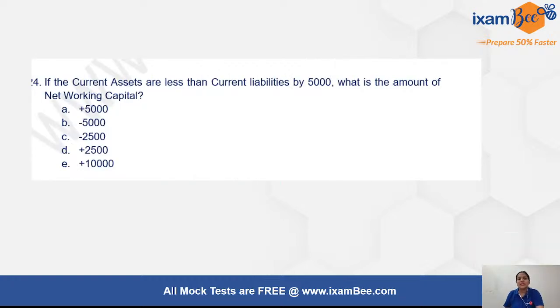In this question, they had asked a very simple, conceptual question related to your net working capital, not really a numerical. The net working capital of a company is given by your current assets minus your current liabilities. The difference is known as the net working capital.